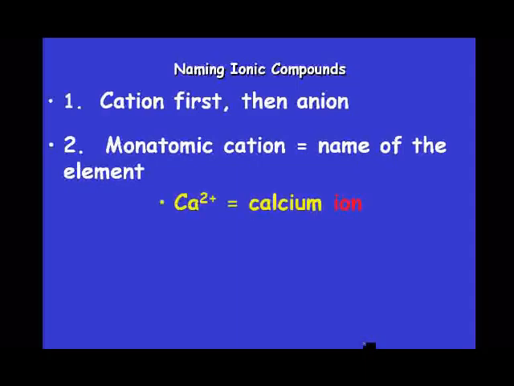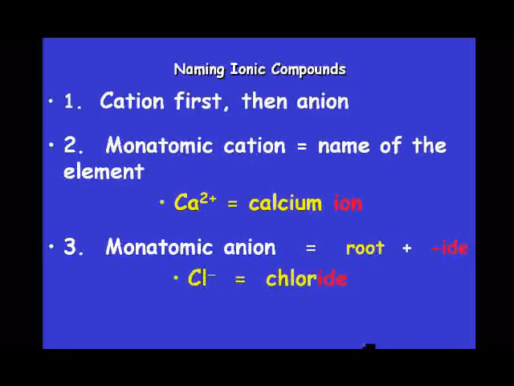Monatomic anions, we're going to use the root of the word and then use the suffix -ide. So the Cl negative, chlorine, -ine becomes chloride.